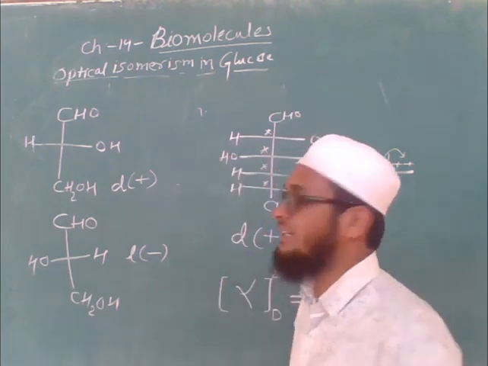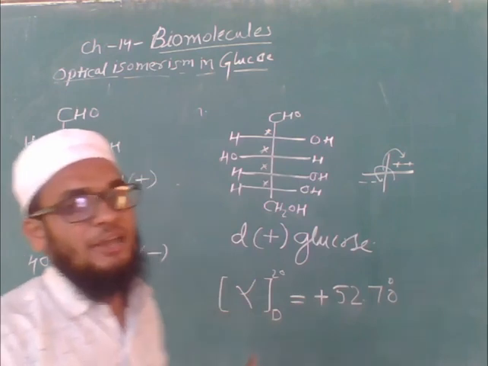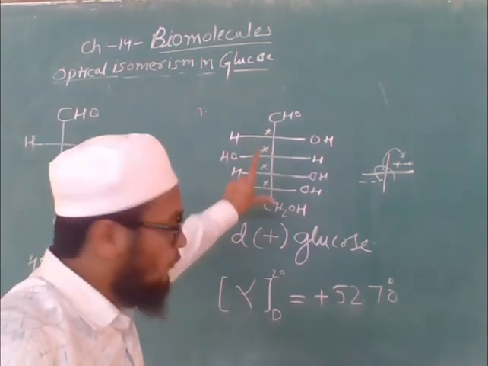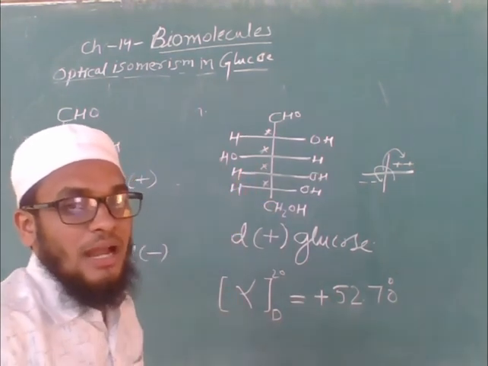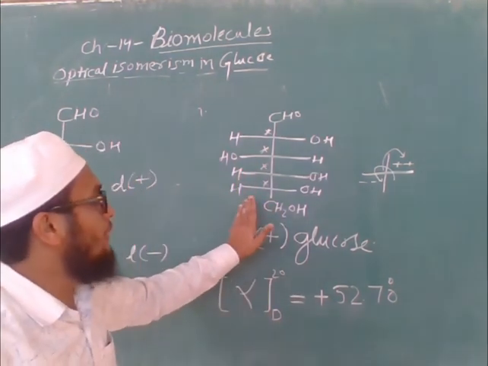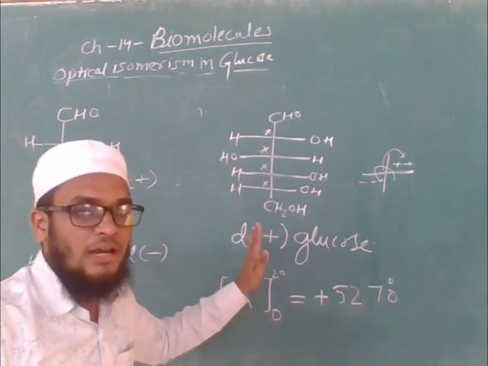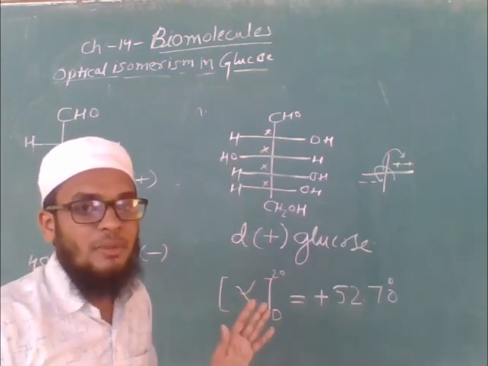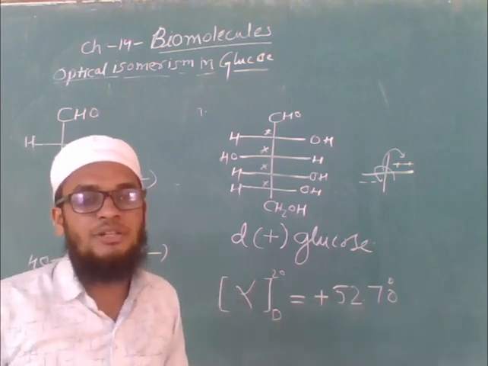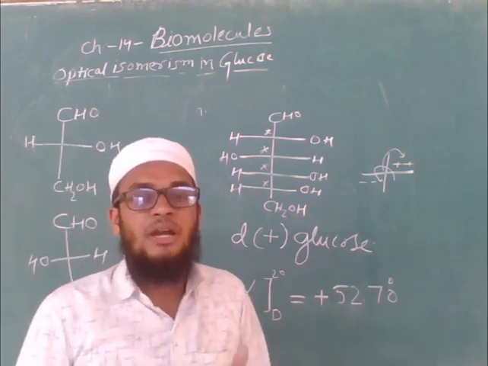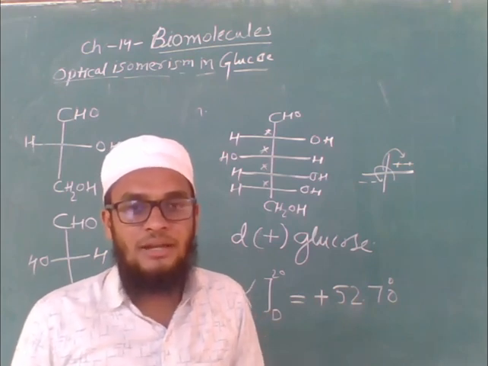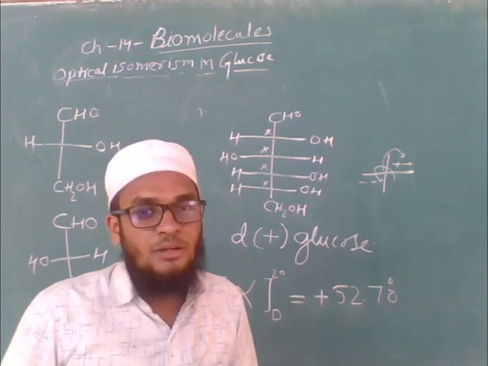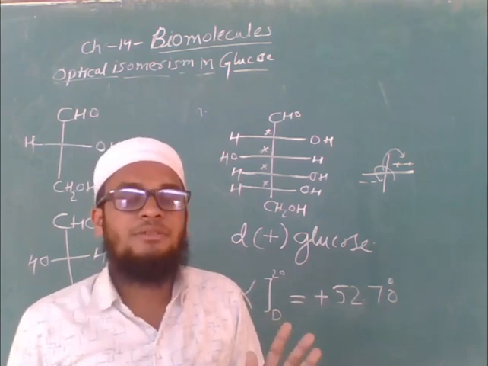So this was the basic idea related to optical isomerism, and we also know the structure of glucose, which is given by Fischer, and it has 4 chiral carbons, and due to 4 chiral carbons it can show optical isomerism. And you know very well what optical isomerism is: a property of a molecule having a chiral carbon which can rotate plane polarized light either in a clockwise direction or in an anti-clockwise direction.